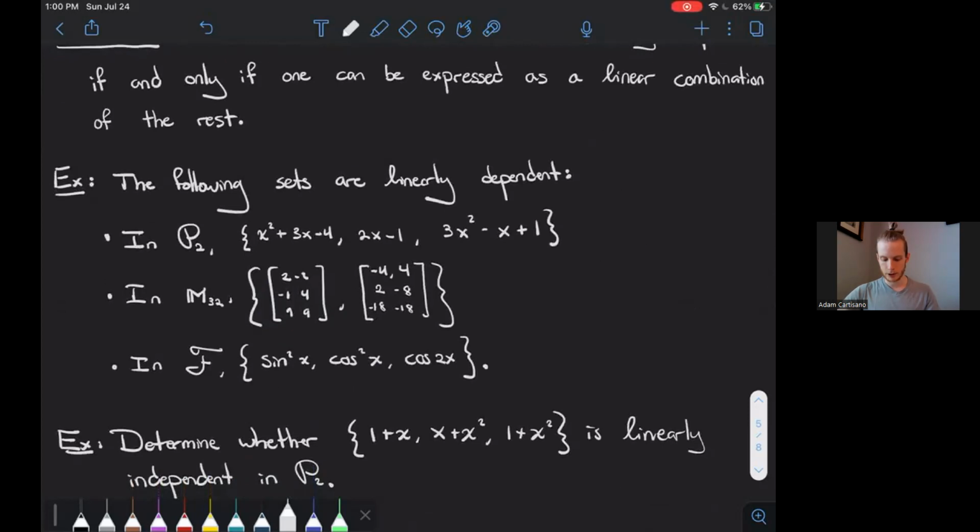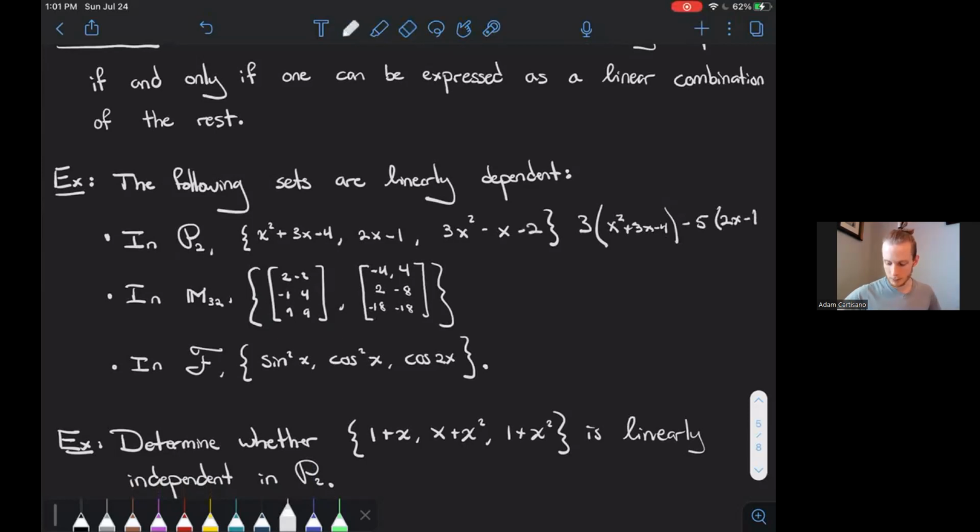Okay, let's look at some linearly dependent sets. In this first one, notice 3 times x squared plus 3x minus 4, minus 5 times 2x plus 1, 2x minus 1, minus 2.